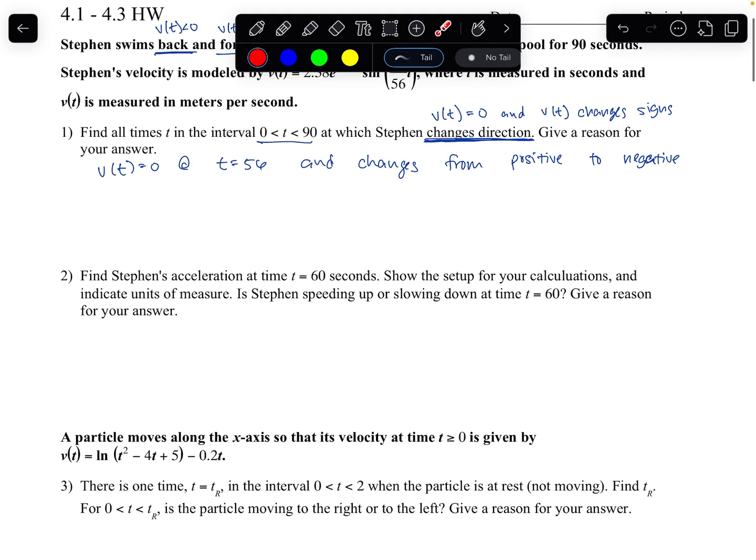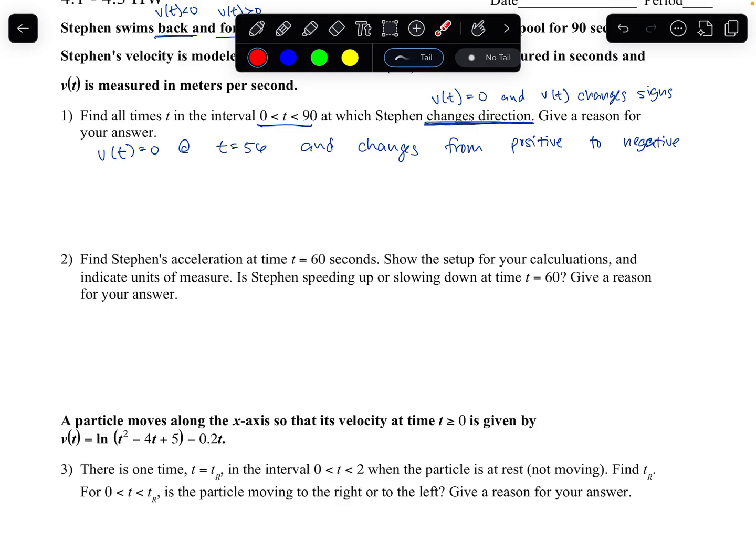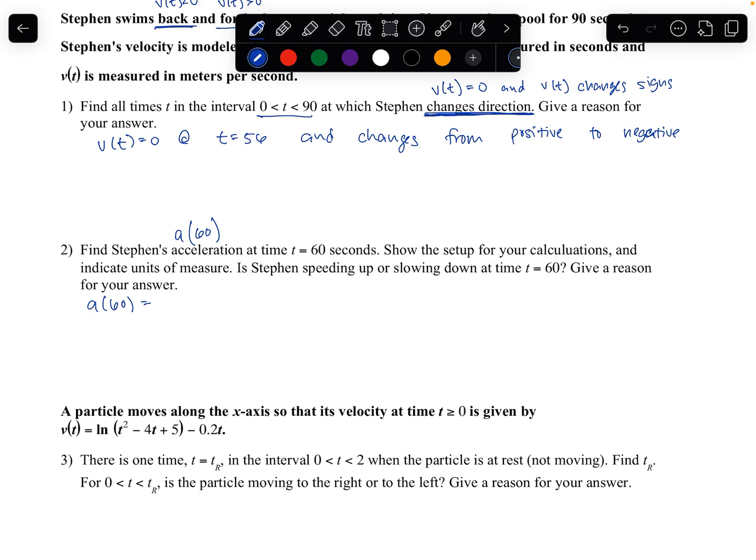Okay. For the second part, find Stephen's acceleration. So that's going to be a of t. Find Stephen's acceleration at 60. So we want a of 60. Since we know that acceleration is the derivative of velocity, that's going to be the same thing as v prime of 60.